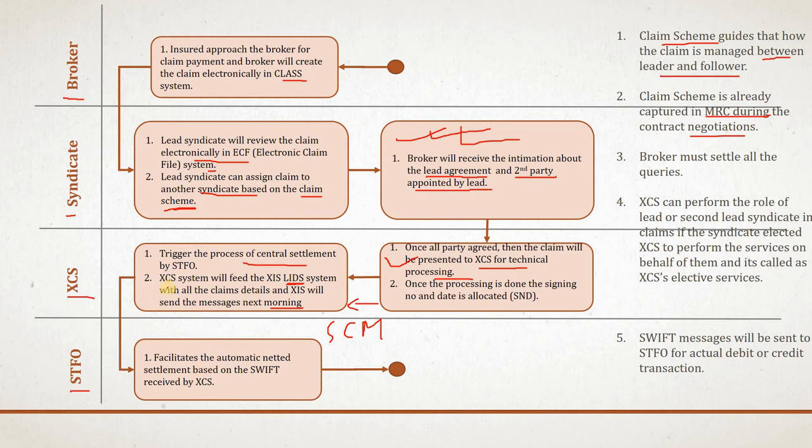When the entire thing is done, this information passes to the STFO, which stands for Settlement Trust Fund Office, and it will facilitate the automatic net settlement based on the SWIFT received from XCS. XCS and XIS will generate the SWIFT file, and then send the SWIFT file to all the participating banks in the form of a debit note, and the banks then confirm that their customers or clients can honor the payment.